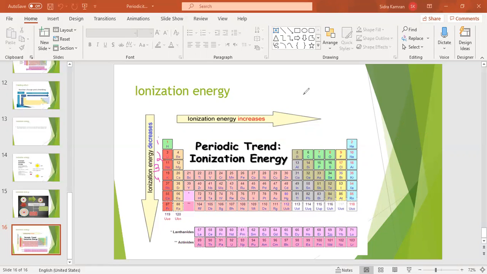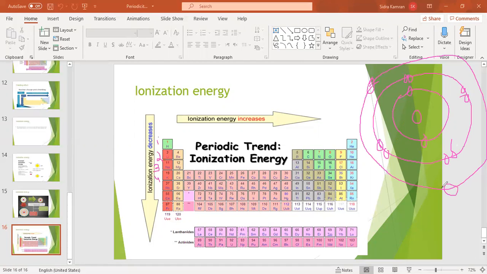If one atom, for example magnesium, has 3 shells: the first shell has 2 electrons, the second shell has 8 electrons, because magnesium has atomic number 12. 2 and 8 make 10, and 2 electrons in the outermost shell. So you can see here there are 2 electrons.